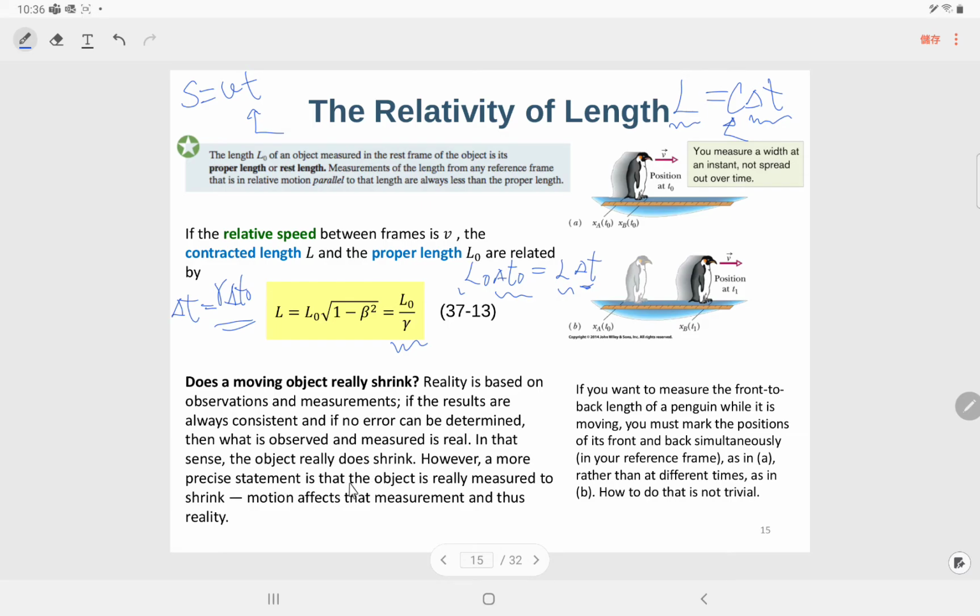However, a more precise statement is that the object is really measured to shrink due to motion, and that measurement is thus reality.